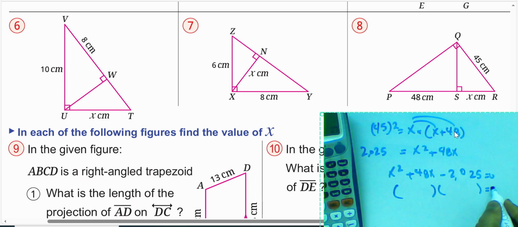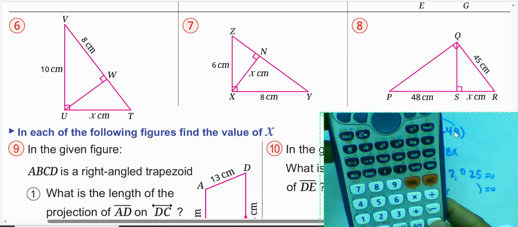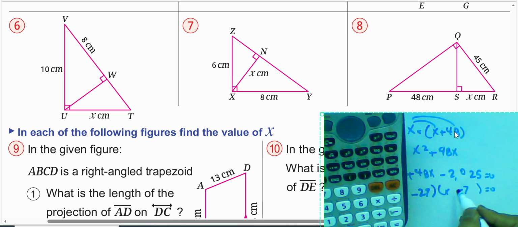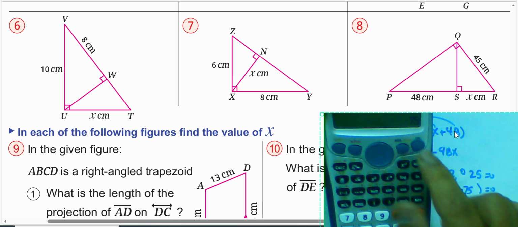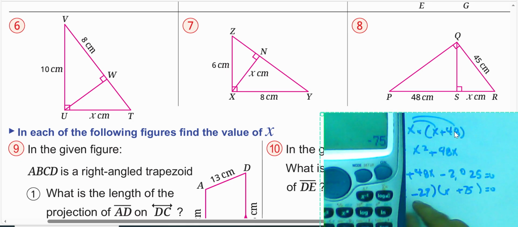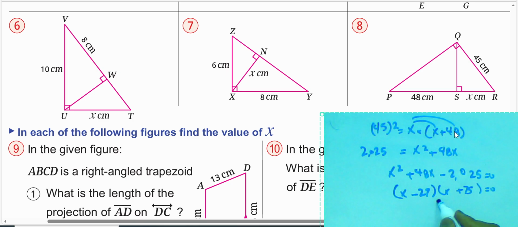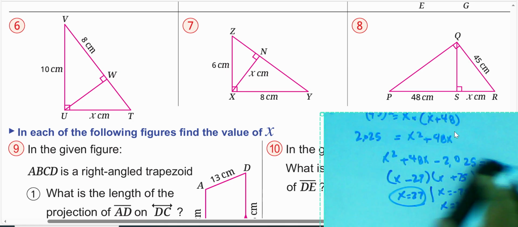You can write the factorization: x and x, write 27, write negative, and the other solution negative 75 will be positive. Change the sign here. If it is negative, you write positive, and if positive, it will be negative. The value of x equal 27 or x equal negative 75 is undefined. Then x will be 27 centimeter. The length of x will be 27 centimeter.